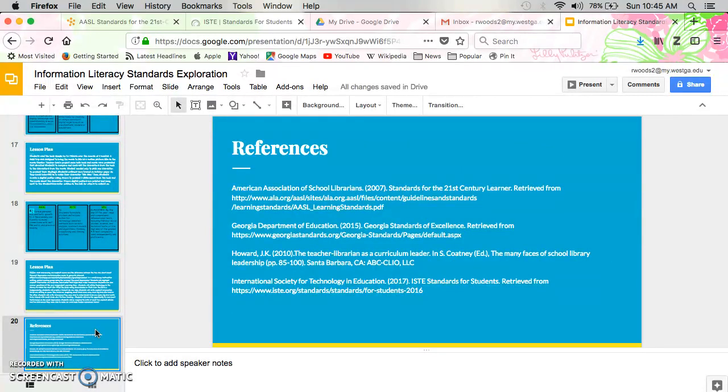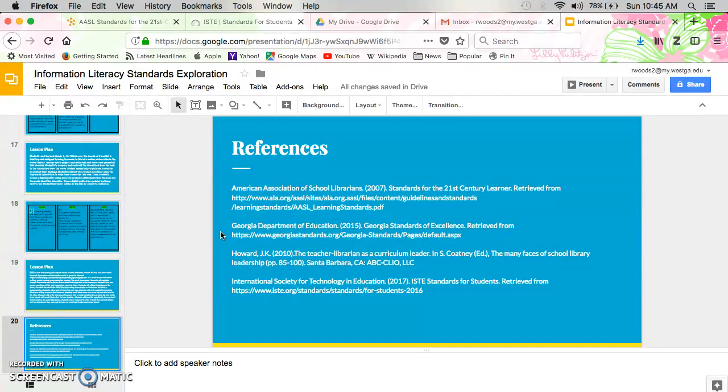All right, so again, you can easily see that I combined these three different standards: the 21st Century Learner Standards that the American Association of School Librarians has set out, the International Society for Technology in Education standards for students, along with our Georgia Performance Standards that the state puts out.